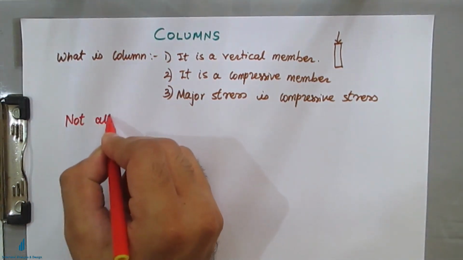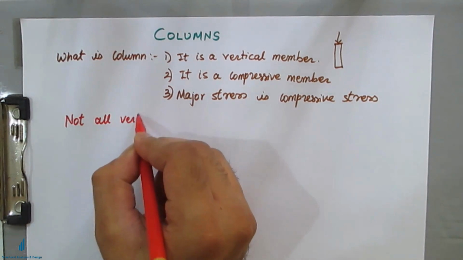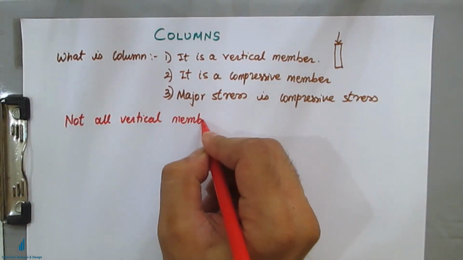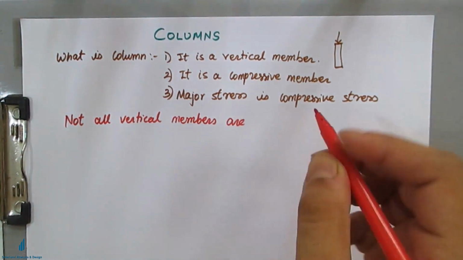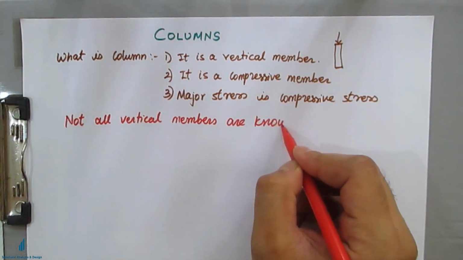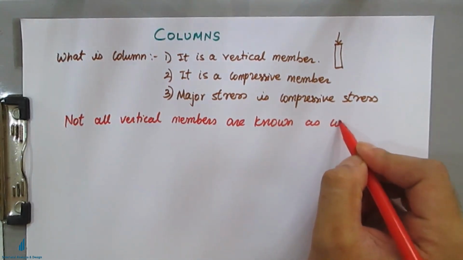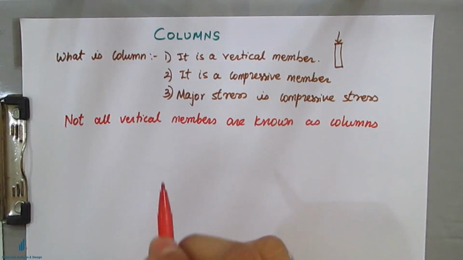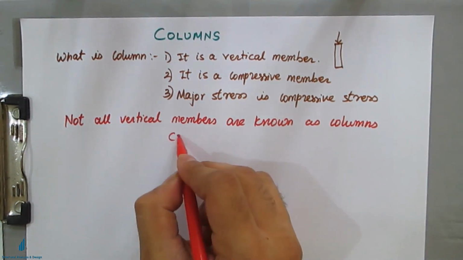Here you have to remember, not all vertical members are known as columns. All the vertical members are not known as columns. Then what is the criteria?